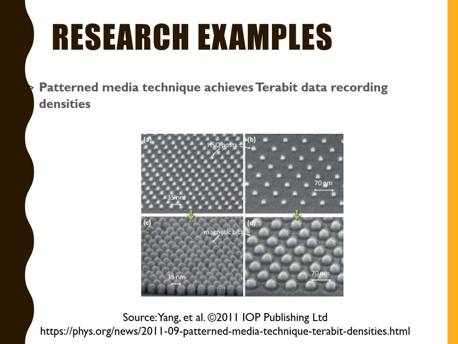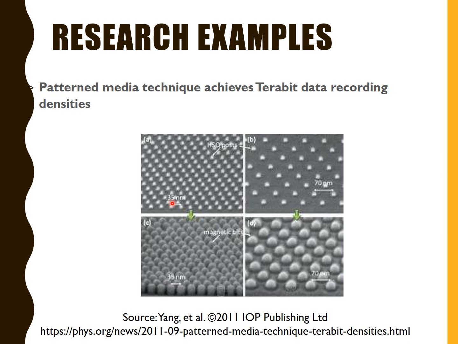So on this image here, you can see on A and B, this is the first step of the process. Some tiny pillars are patterned into a surface. That's what we're seeing here. All these are pillars. After that, here is the second step.